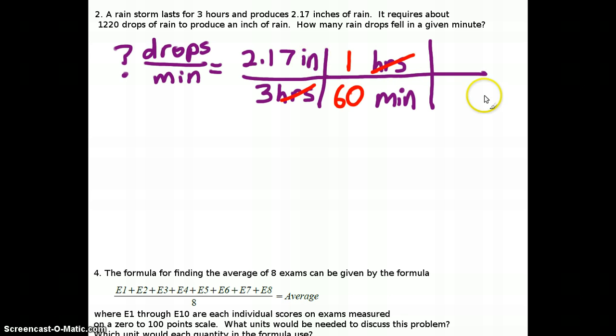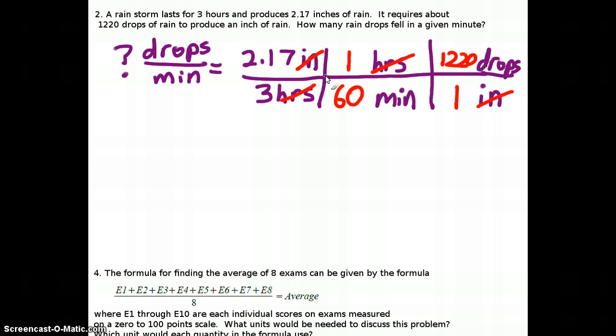Currently inches are in the numerator, so I'm going to put inches in the denominator, and what I want to end up in is drops. When I look at my conversion factor, I know that there's approximately 1,220 drops in 1 single inch, and we're going to see that the inches will actually cancel out like this.